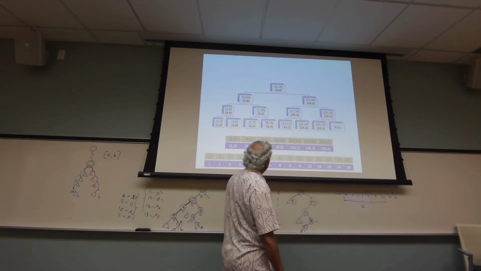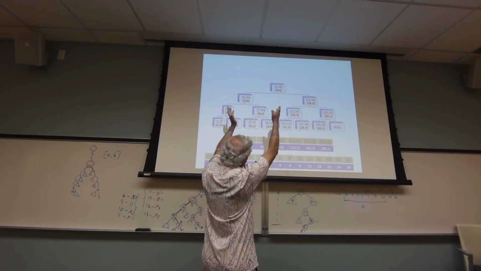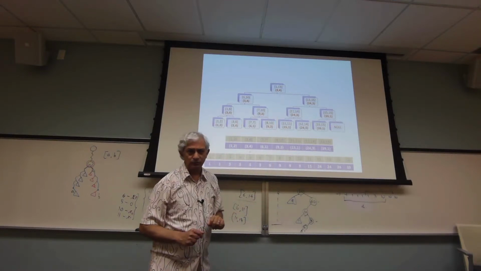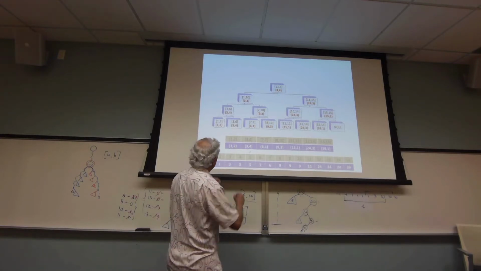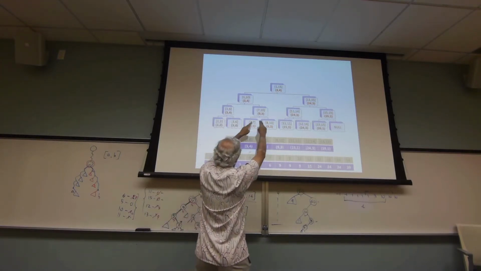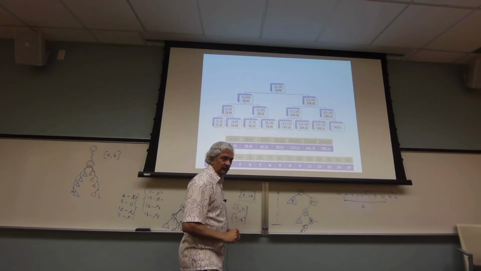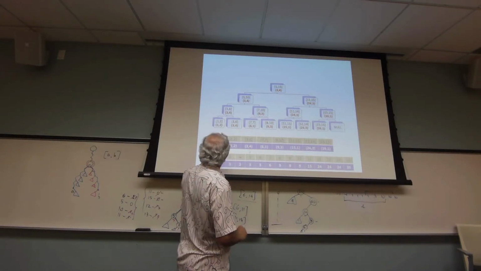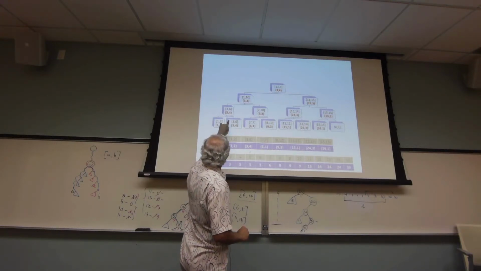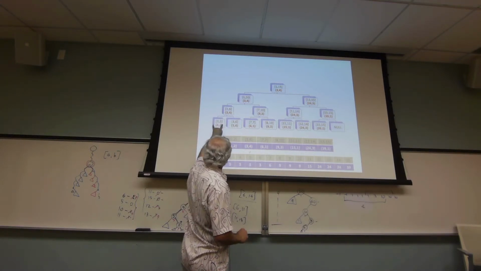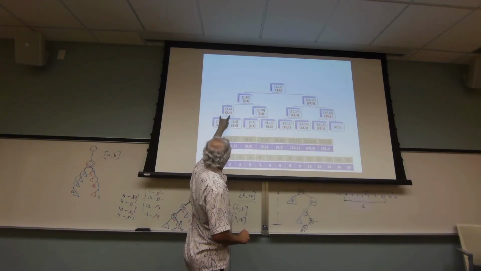Okay. And then I've built the tree that I showed you on the previous slide, taking 2 at a time and building your binary search tree, right? And in each case, you can see that this is a range that goes from 1 to 2. This is a range that goes from 3 to 6.